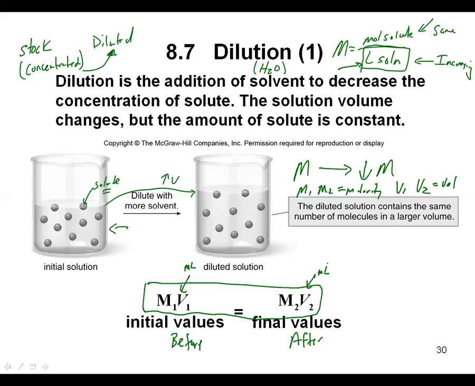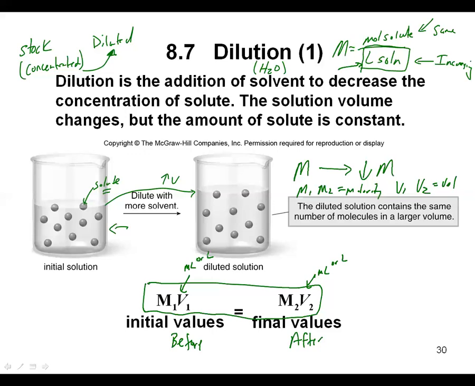Or you can convert them to liters too. So this one is okay either way. You could go milliliters or liters in this one. If you're more comfortable, you can convert it to liters, but you can leave it in milliliters in this particular formula, and everything will work out okay. The only difference is if you had V1 as milliliters and you solve for V2, it would be in milliliters. If you did V1 in liters and you're solving for V2, it would be in liters. So it's okay in either unit.